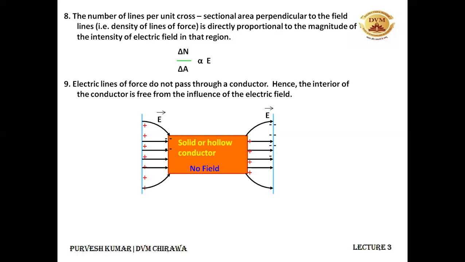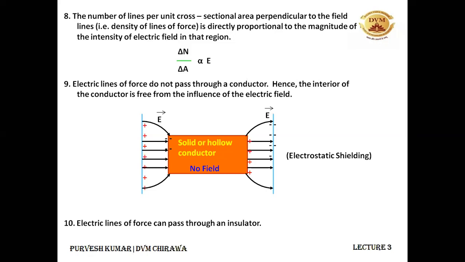So the conductor is very much free. That's why it is said that when there is lightning, it is better to be inside a car rather than standing below a tree. Why so? Because inside the car, the electric field lines cannot exist because of this effect, and this effect is known as electrostatic shielding: inside a conductor, the electric field lines cannot exist.